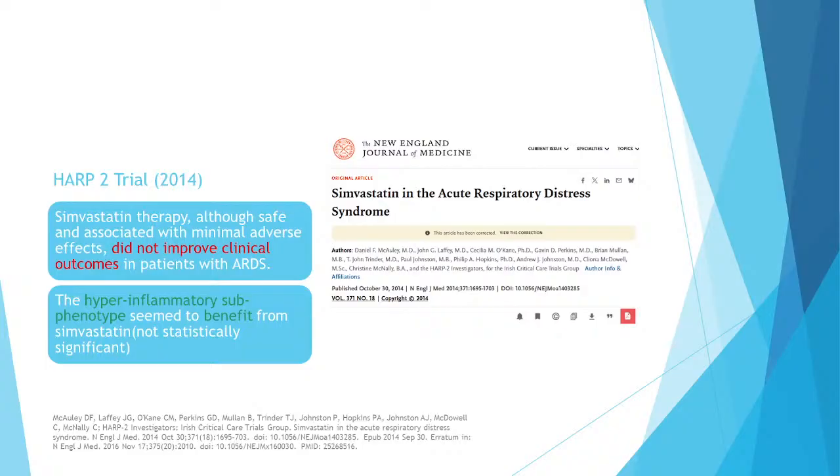But a secondary analysis told that the hyperinflammatory subphenotype seemed to benefit from simvastatin, even though in their study, because of data issues, it was not statistically significant. They have kept an open-ended question that further research could see if simvastatin is beneficial in the hyperinflammatory subtype. So this shows one such case where a subphenotype is changing the treatment.